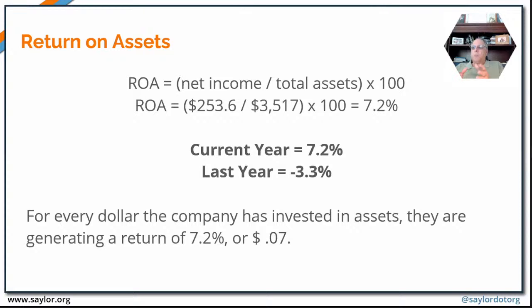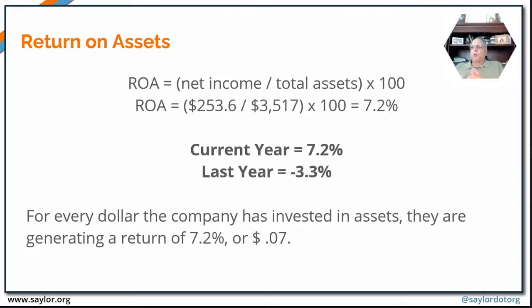And so one thing that shareholders will be keenly interested in is what is the return on those assets that we invested in. So we're going to take, in this case, the net income. We're going to divide that net income by the total amount of assets, multiply that by 100 to generate a percentage. And we see that in the current year, our return on assets is 7.2%. Now, note that that is way up from last year, which was a negative return.